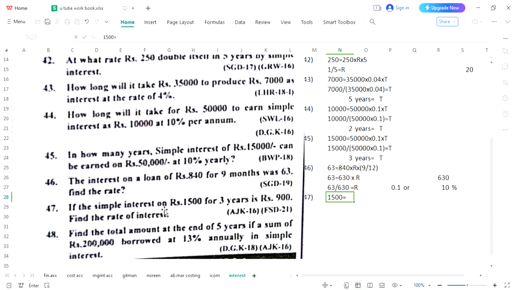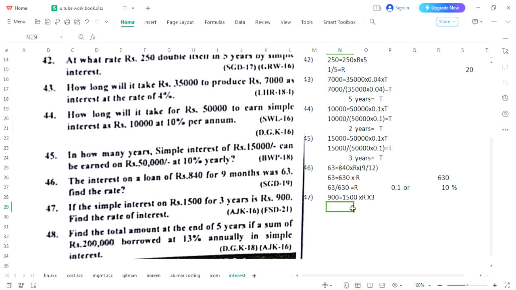If the simple interest on 1500 for 3 years is 900, then 900 is your interest. Principal amount is 1500. You need to multiply with R. Find the rate of interest. Rate is unknown over here. Again multiply with time. Time is given as 3 years. So you will write 3.